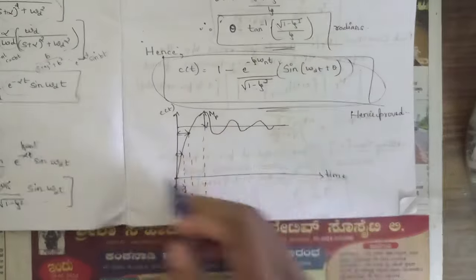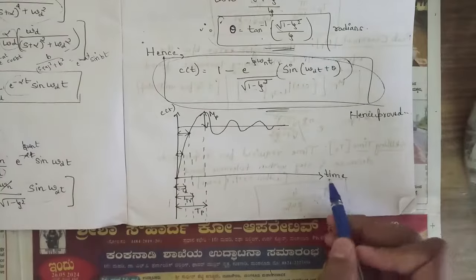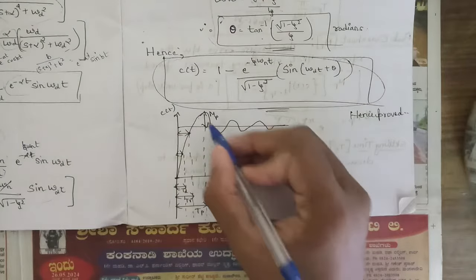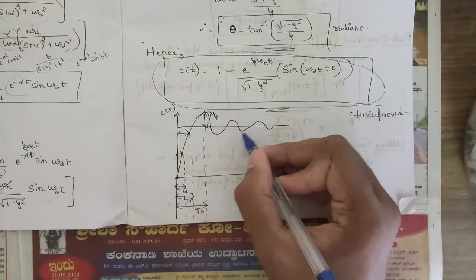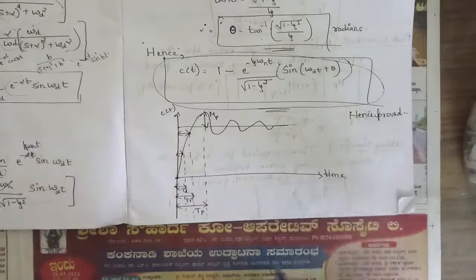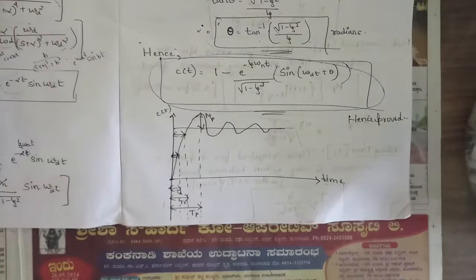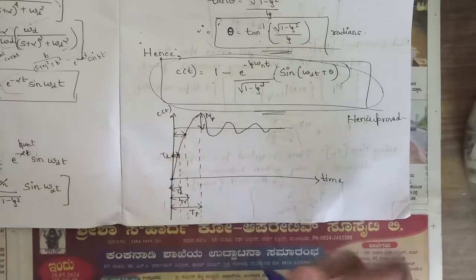So here I have one plot where I have drawn the c of t plot against time. Here I have drawn one random signal, and it rises up and after some time it becomes constant. This region here is called TD, or the delay time.